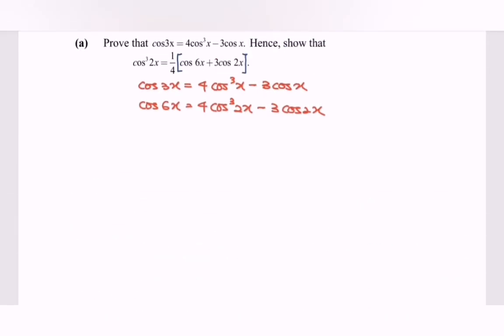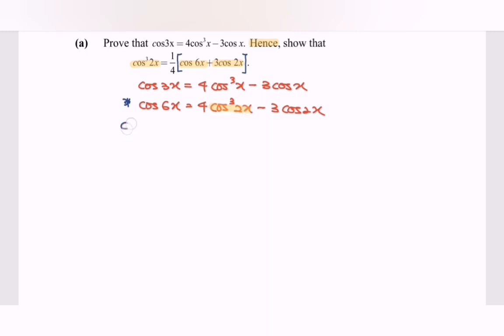Now for the second part, hence show that cos cube 2x is equal to 1 over 4 multiply with cos 6x plus 3 cos 2x. So kindly make use of this situation, rearrange so that cos cube 2x becomes the subject.